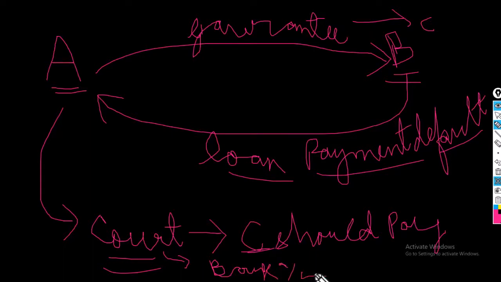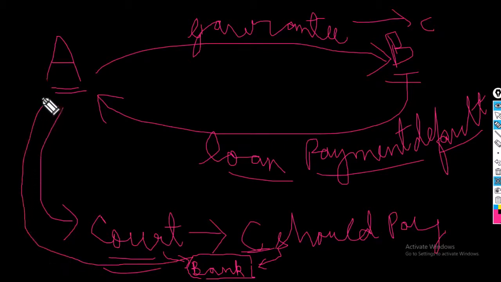Now C transferred all that amount into the bank account that was decided by the court, and this bank paid the amount back to A. And yeah, this looks good.